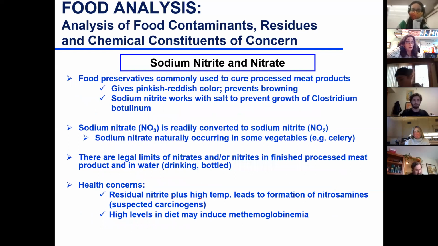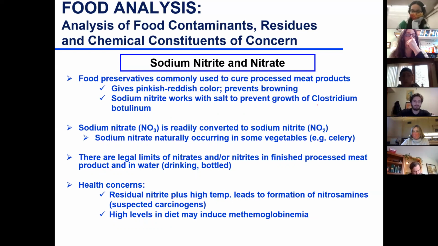So nitrites and nitrates, they are used as preservatives and used to cure meat products, give you that very characteristic pink color. It prevents browning. It's added sometimes to dried fruits.